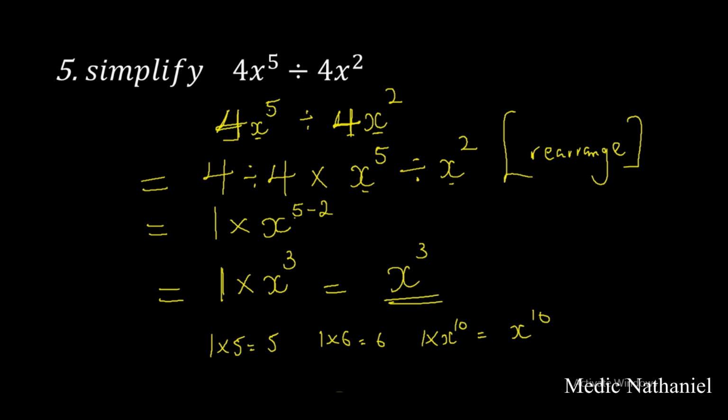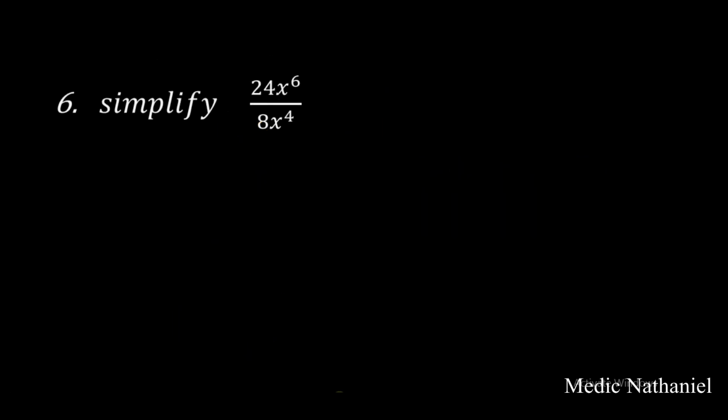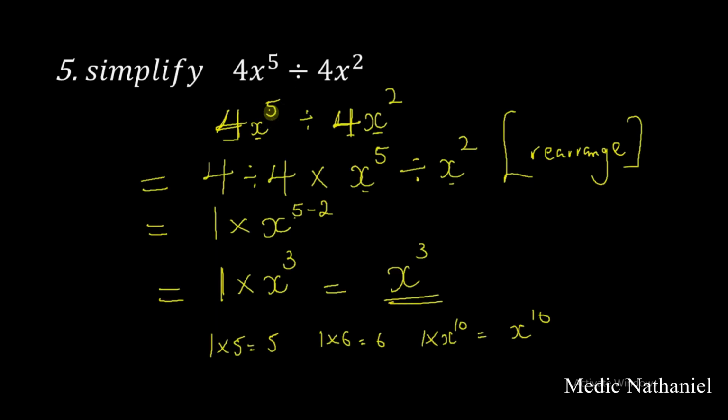Okay, let's look at example 6. Example 6 is simplify 24 x raised to the power of 6 divided by 8 x raised to the power of 4. This question is still the same thing as the example 5 and the example 4 question.